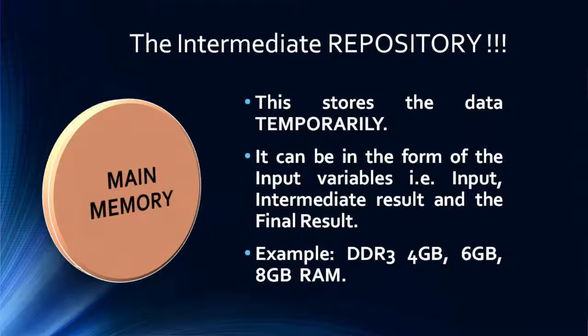If any device, for example a printer, is asking for the services of the computer, the processor might be busy somewhere or might be looking for the data. Main memory acts as an intermediate between the processor and the devices which require its services.